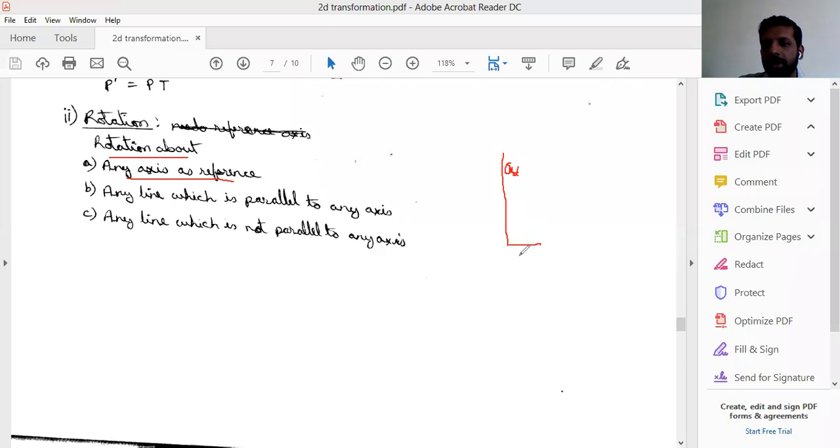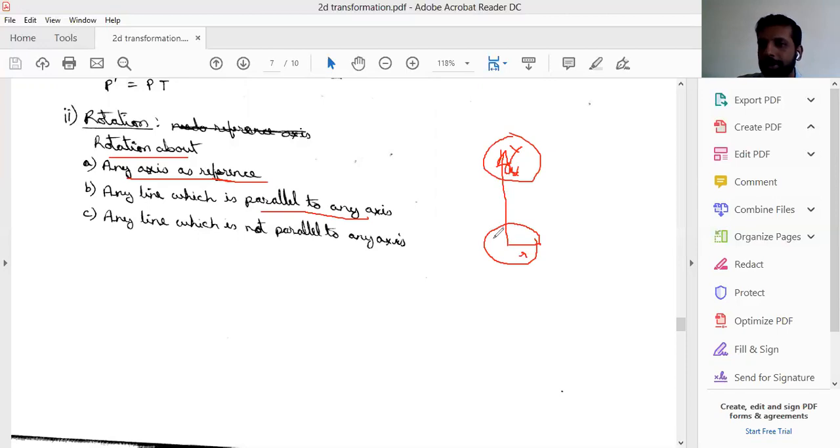So I want this line of radius r to be rotated about its axis. We have to mention along which axis, whether x-axis, y-axis, or some other axis. So we should have one axis for reference. It can be any line of the object which is parallel to any axis: x-axis, y-axis, or z-axis.